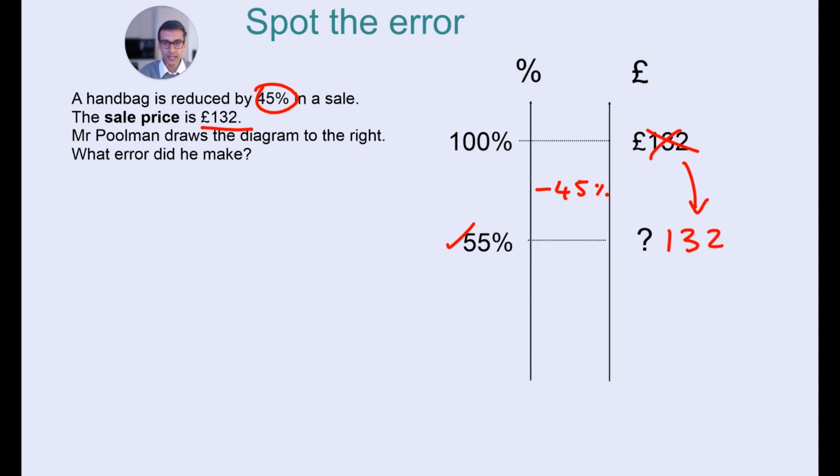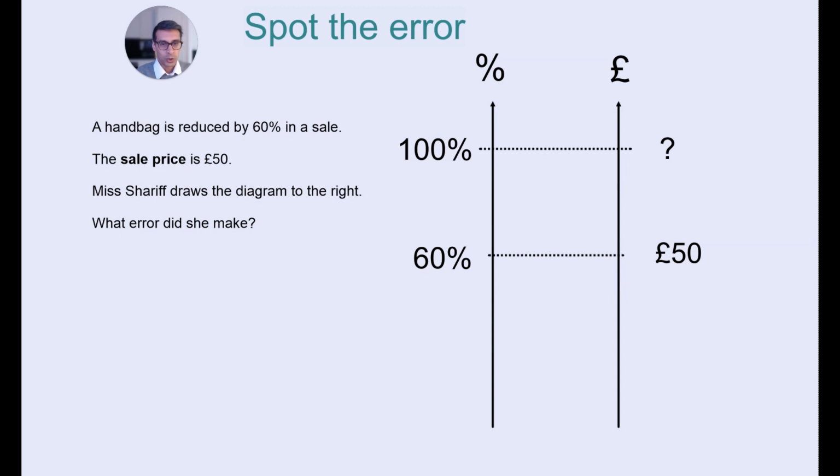Here's another spot the mistake. What's wrong with this diagram? Okay, so pause the video if you need more time. The reduction is 60%, so that means we're going down by 60%. Now 100% take away 60% is not 60, it's going to be 40%.